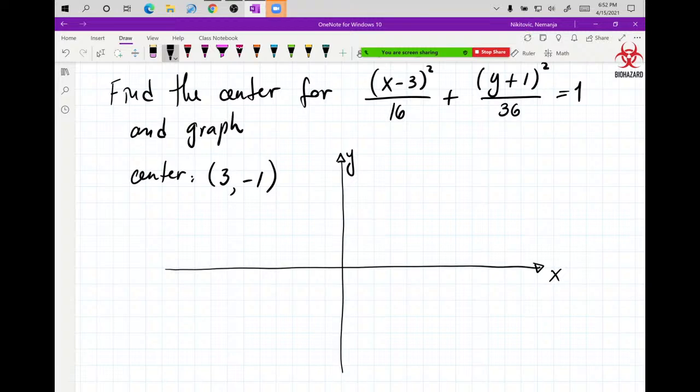And now we plot 3, negative 1, the center for the ellipse. Again, the way I do it is I say, x is associated with 16, which is 4 each way. Start measuring from the new center. 4 each way. 1, 2, 3, 4. 1, 2, 3, 4. We went left and right 4 units because the function said so.